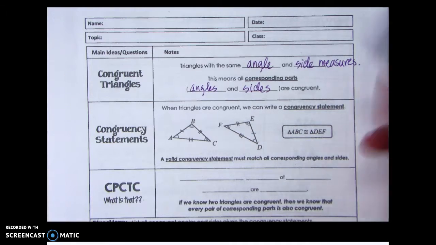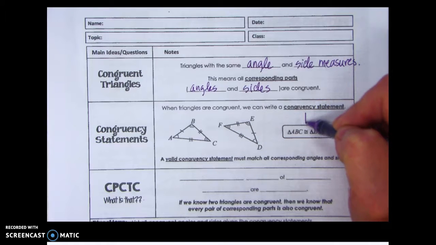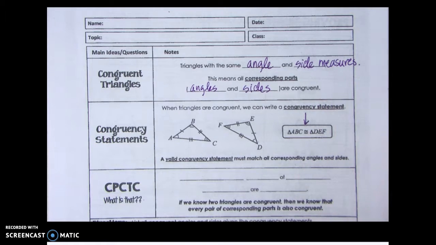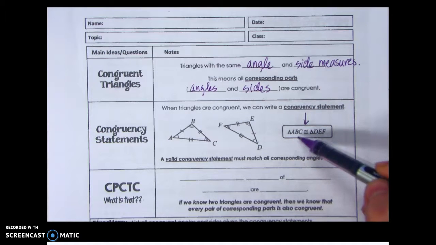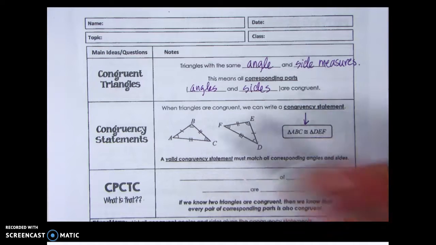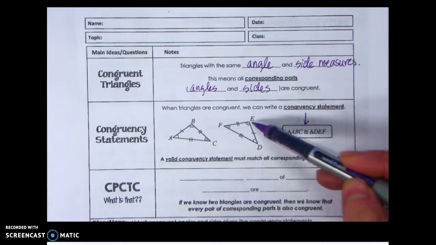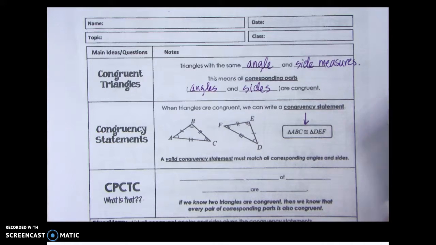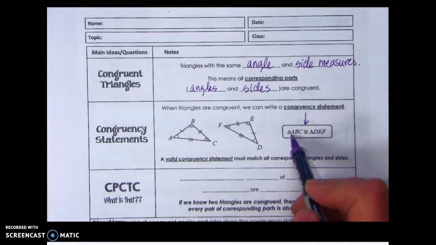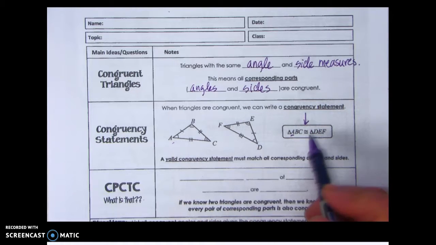So now our congruency statement is triangle ABC is congruent to triangle DEF. Now notice that if I look at angle A, the first one here matches the first here.